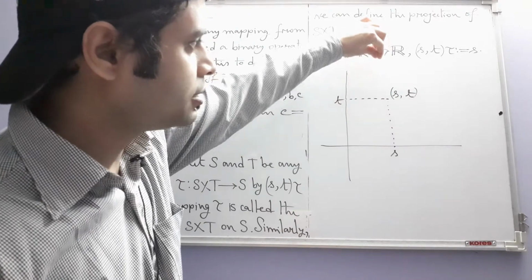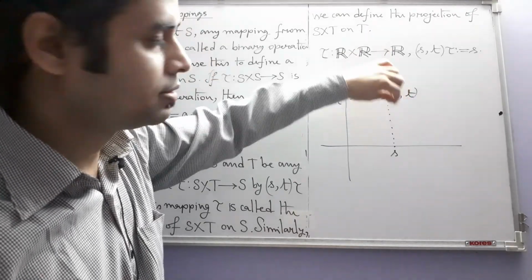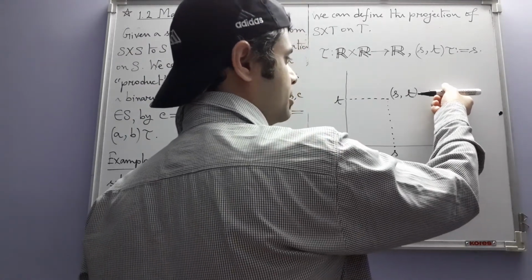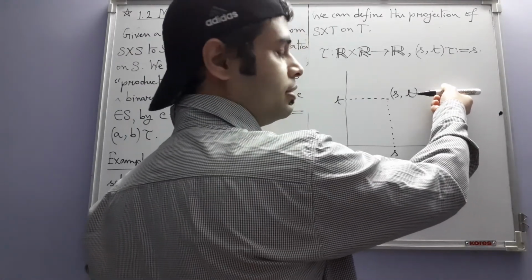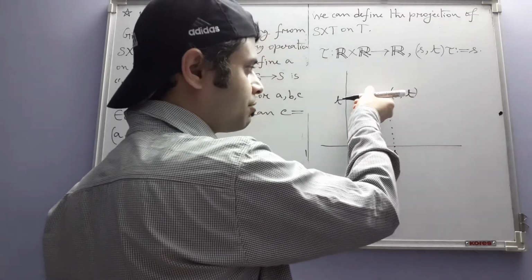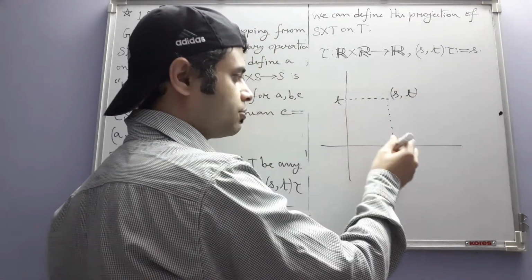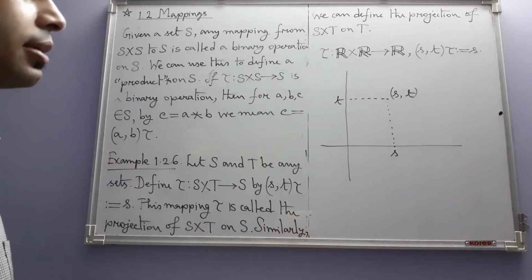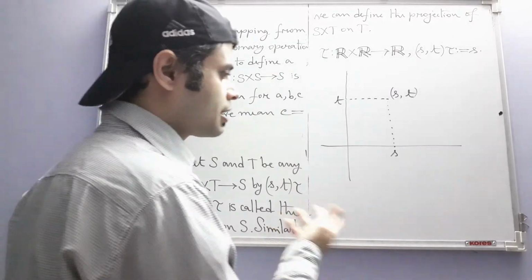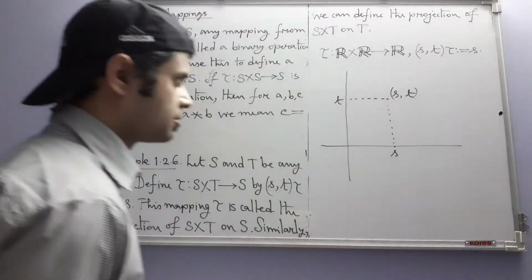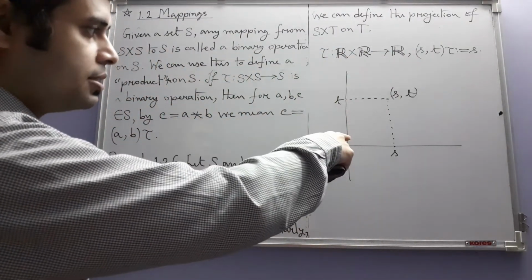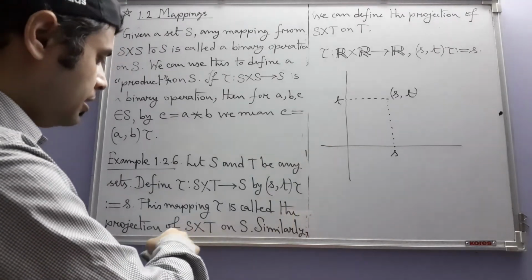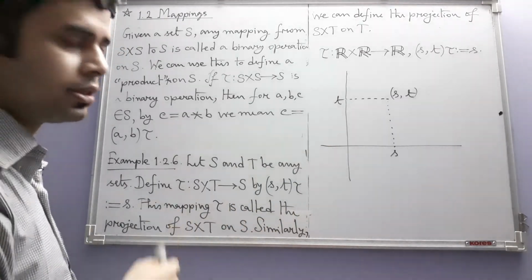The flashlight is perpendicularly downwards, or if someone is pointing a flashlight from this side horizontally, then the shadow of this point will lie on the axis here. So these shadows are the projections, they are being projected onto the axis. So that's why such mappings are called projections. This of course is a situation where we can use diagrams, but in general we cannot think of such things.